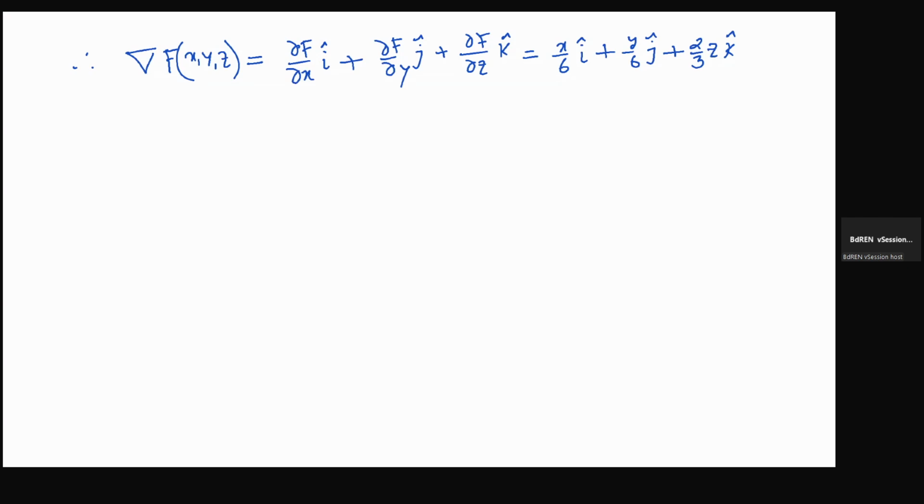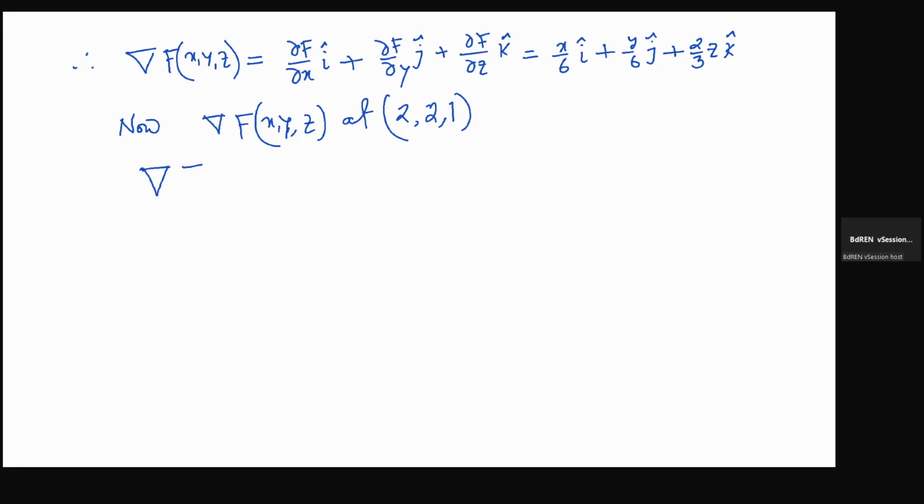So now the gradient of capital F at the given point, 2, 2, 1.